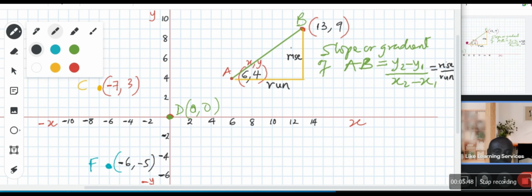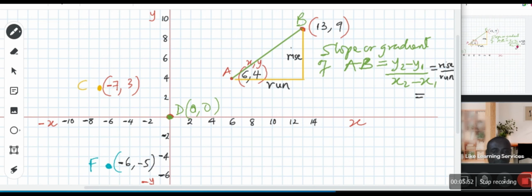What's the height? The height is the distance from here to here. Watch the way I'm doing it. That's 1, 2, 3, 4, 5.